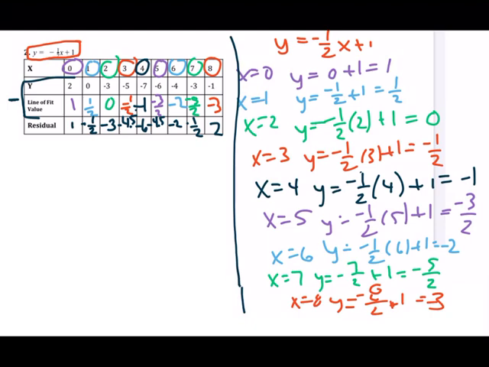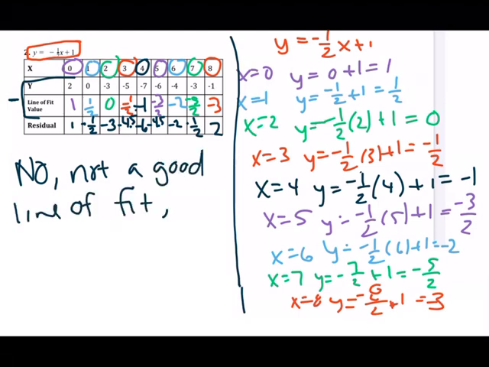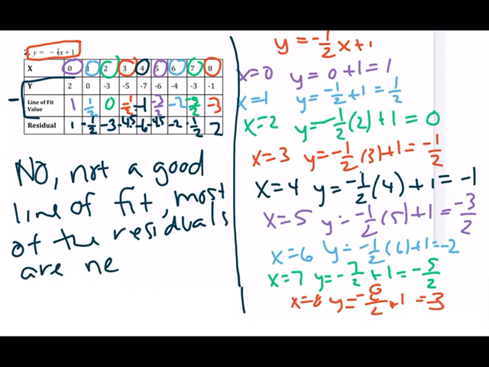So I would say, no, this is not a good line of fit, since most of the residuals are negative, and the numbers aren't small.